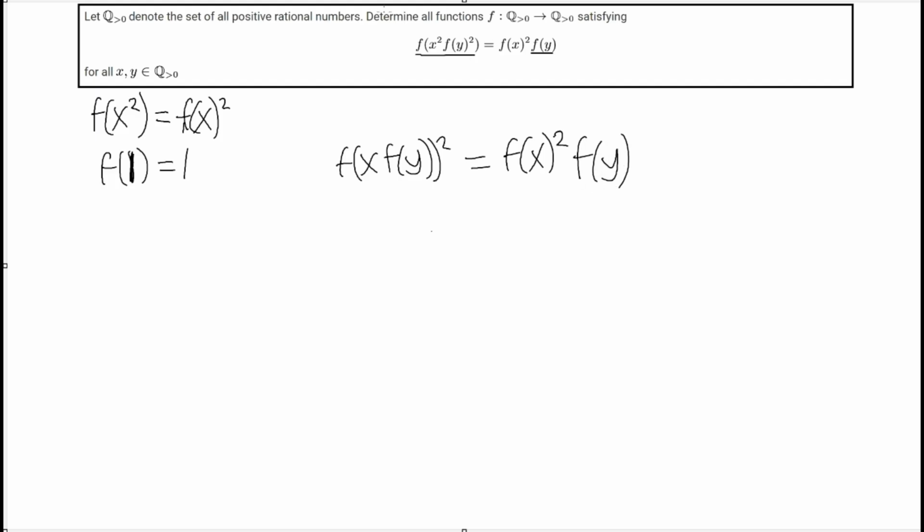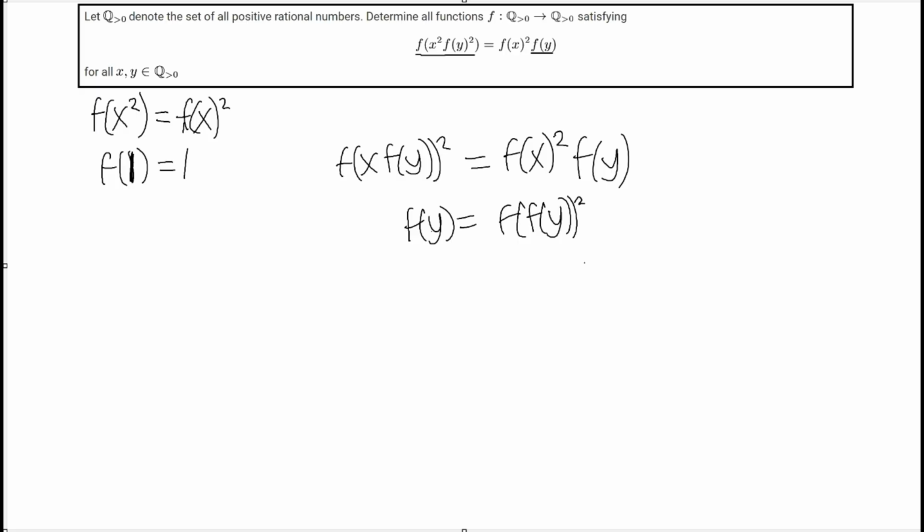And now let's see what we can do with this. Since we have f of x squared over here and an x term over here, we can just let x equal 1 because that will simplify it a lot. And in the end, we get f of y is equal to f of y squared.